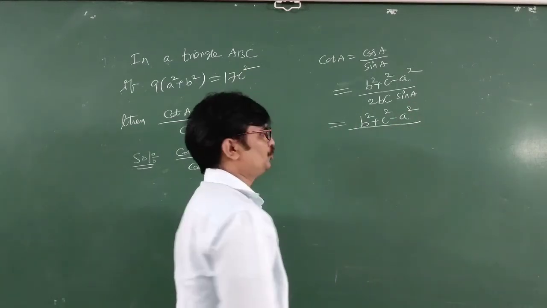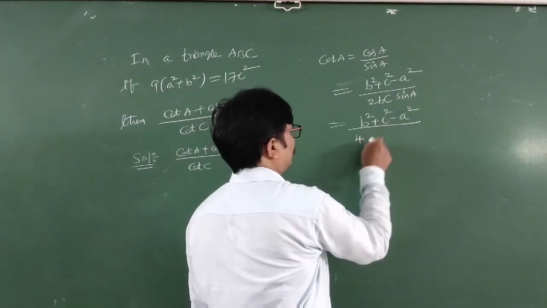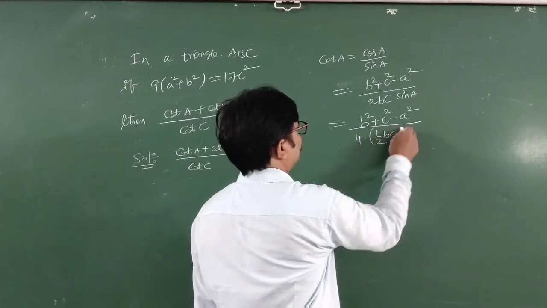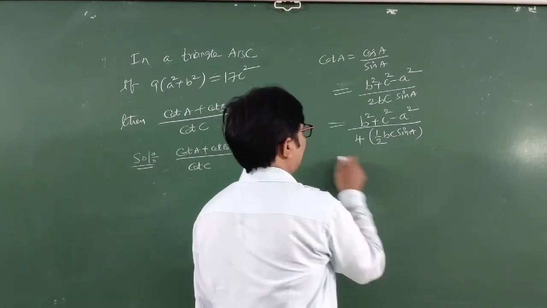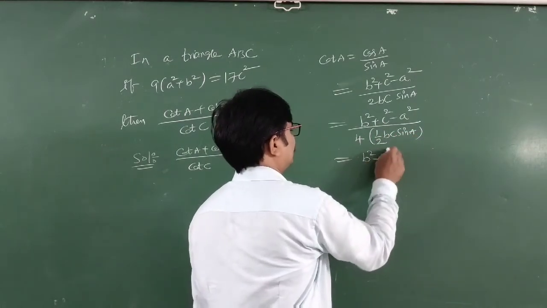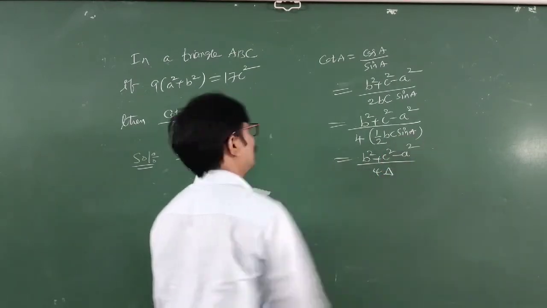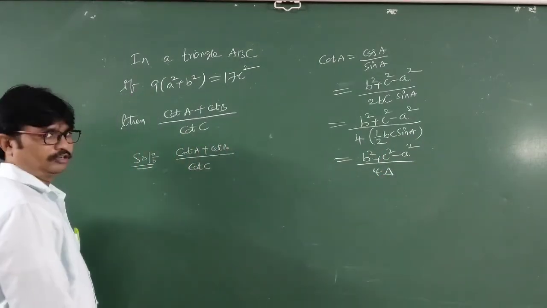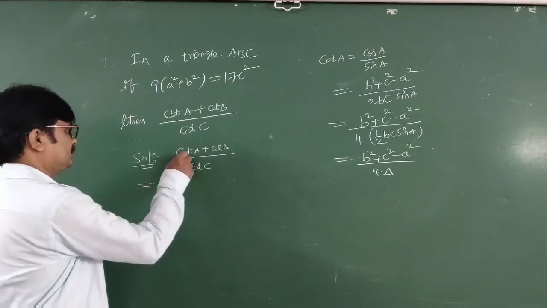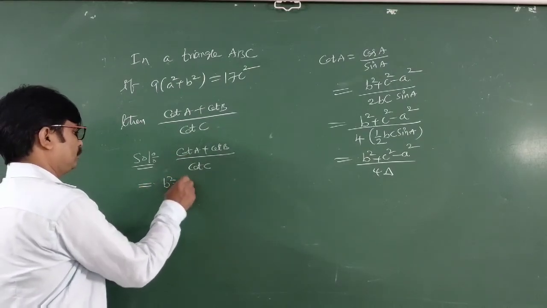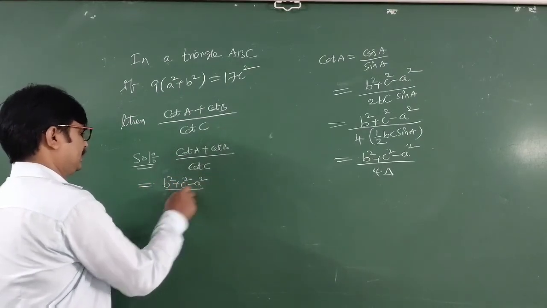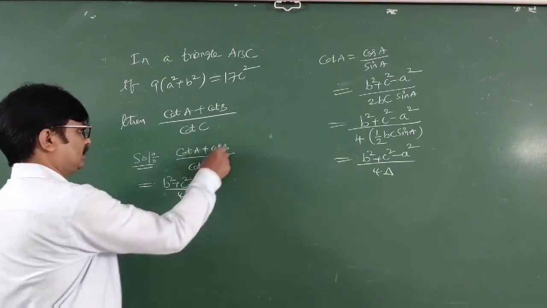We are taking 2 by 2, 2 twos are 4, so this is half bc sin A. This is b square plus c square minus a square by 4 delta.